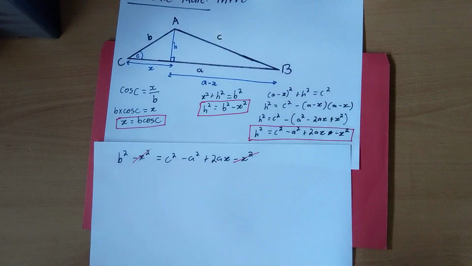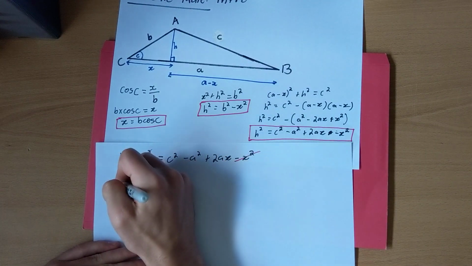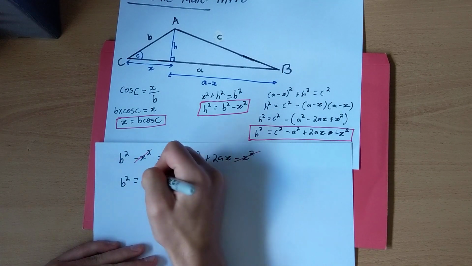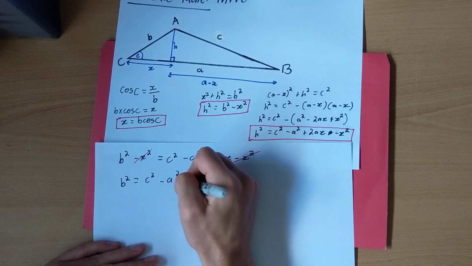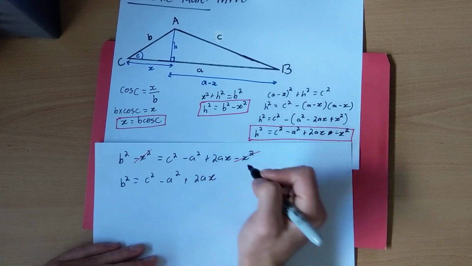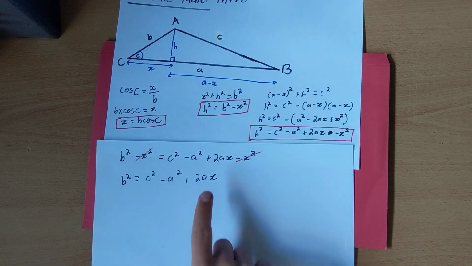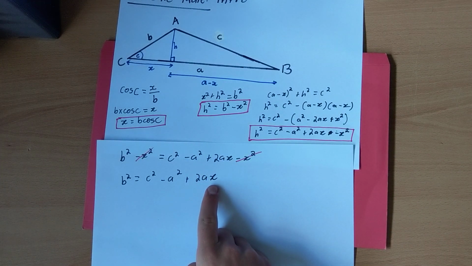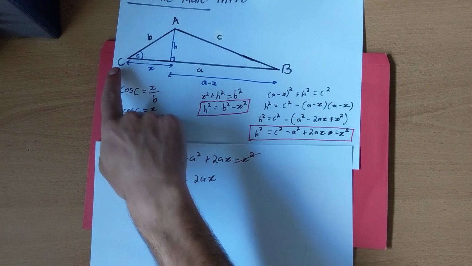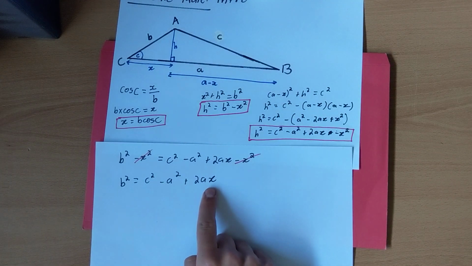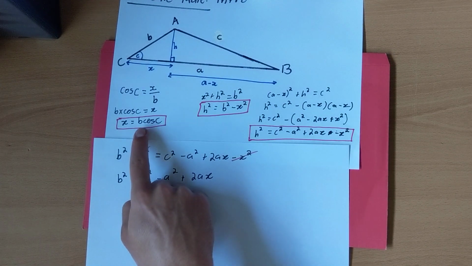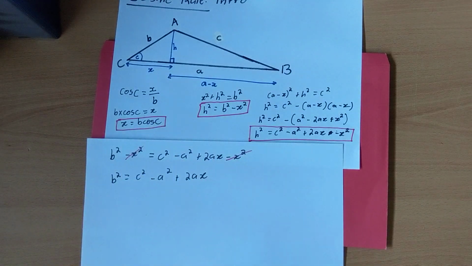And we're going to be left with b squared equals c squared take a squared plus 2ax. Now, we don't want that x in there either, because we want a result that only deals with these a's, b's, and c's that we had in our original triangle. So we want to get rid of that x, and the way we're going to do that is by using this result over here.